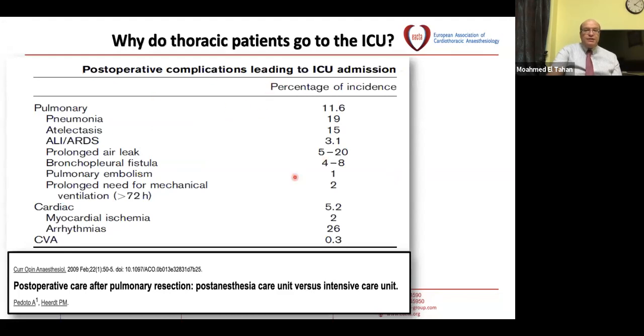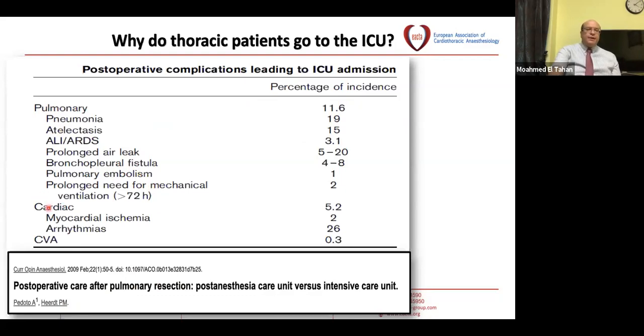Postoperative complications leading to ICU admission after pulmonary resection are mainly pulmonary complications, including pneumonia, atelectasis, acute lung injury, ARDS, air leak, bronchopleural fistula, pulmonary embolism, or prolonged need for mechanical ventilation longer than 72 hours.